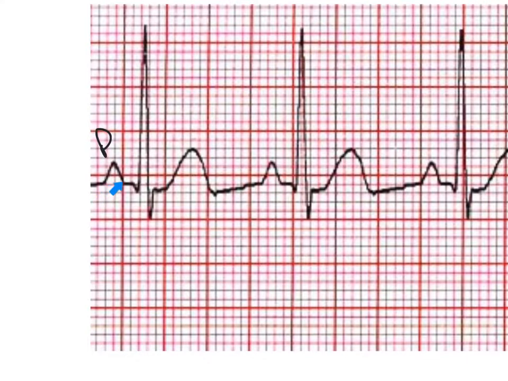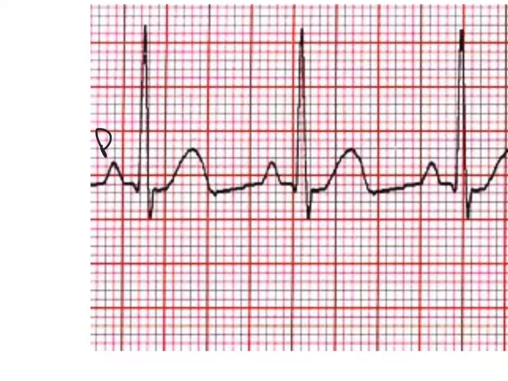What the P wave represents is atrial depolarization. What does that mean? It means that the signal is being sparked from the SA node and sent through, preparing the top chambers to contract. That's what depolarization means.